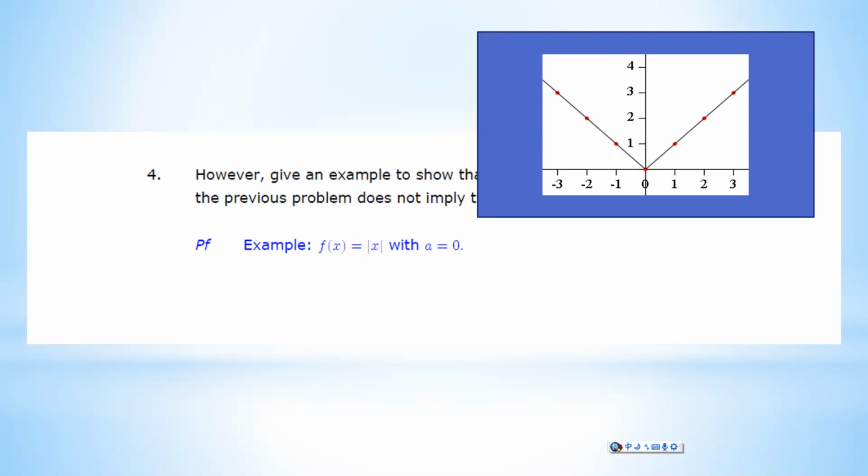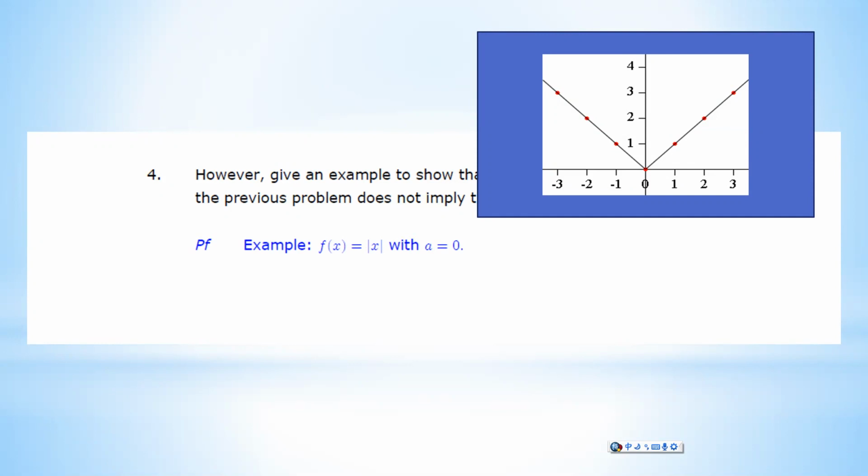Every time you have a corner, this means that the derivative will fail to exist, because if you compute the left limit, that corresponds to the slope of the left tangent line. It's different from the right limit, that's the slope of the right tangent line. They are not equal. So at the corner, the derivative fails to exist.